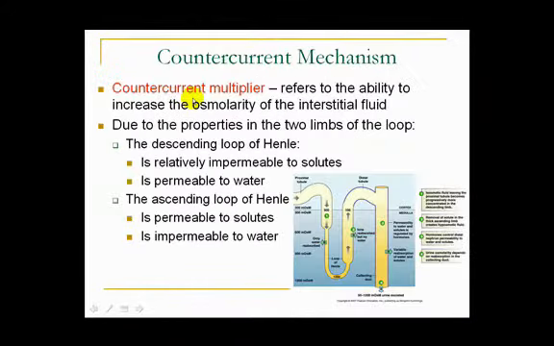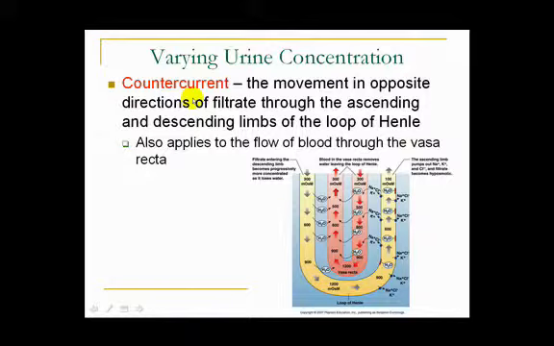Any countercurrent system means that you have things moving in opposite directions. And in your kidneys, your filtrate moves through the loop of Henle. The descending limb of the loop runs in the opposite direction of the ascending limb. So you have filtrate moving in opposite directions, very close to each other. And this also has to do with the vasa recta, which is the blood vessels in association with the nephron.